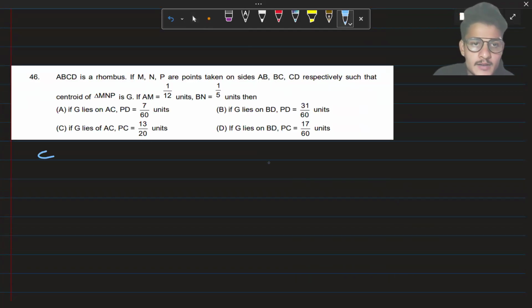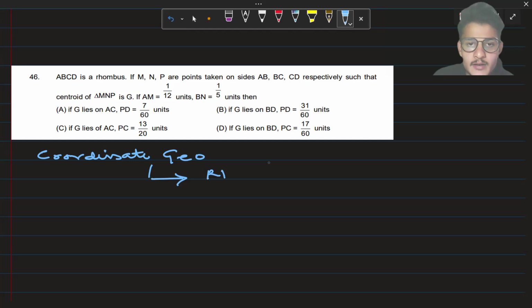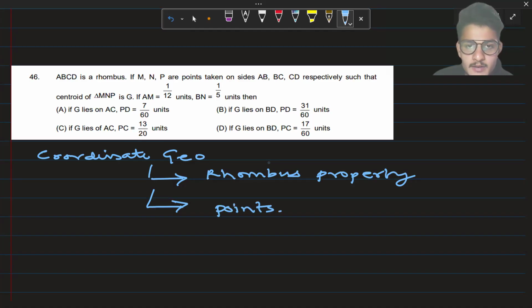the coordinate geometry, and that will contain the concepts like rhombus property. Okay, rhombus property, and somewhat of the points, and that comes under the coordinate geometry only, and somewhat of the trigonometry.